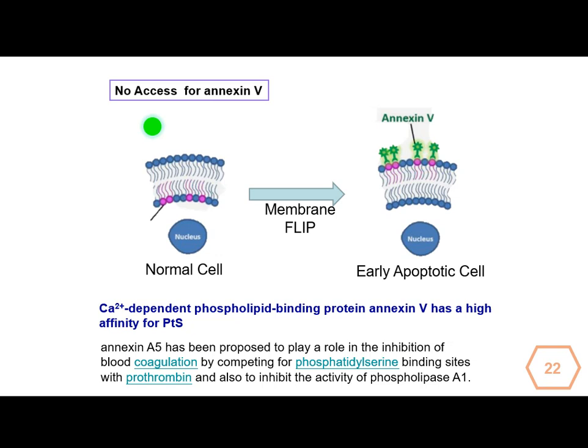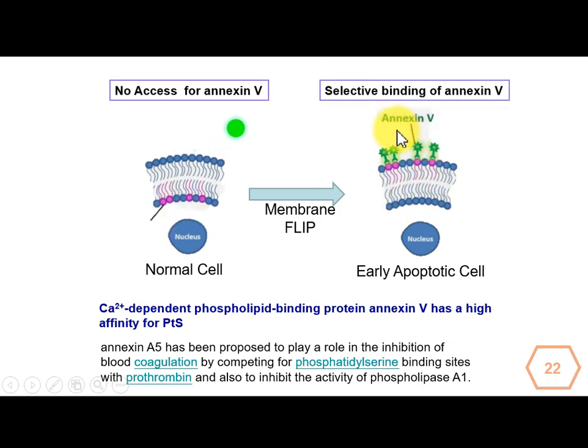And phosphatidylserine, the molecule that's in pink, will bind to annexin 5. Annexin 5 is just a molecule that will bind to phosphatidylserine. And if the cell is undergoing apoptosis, you will see a green fluorescence. But do you see PI?